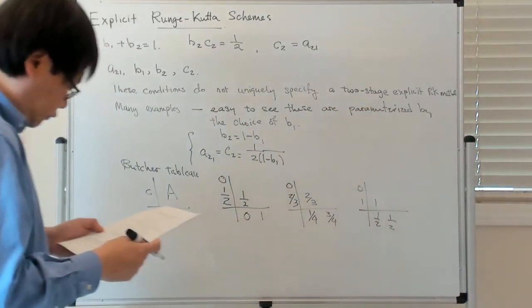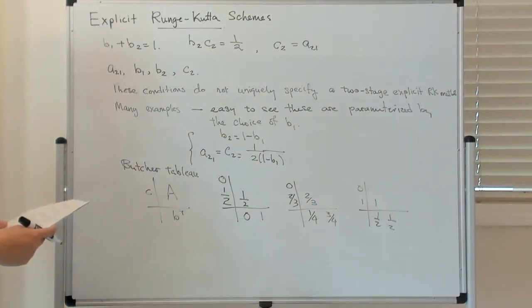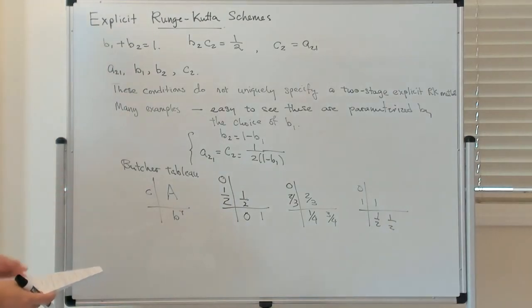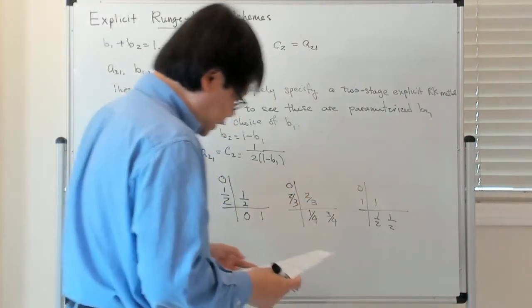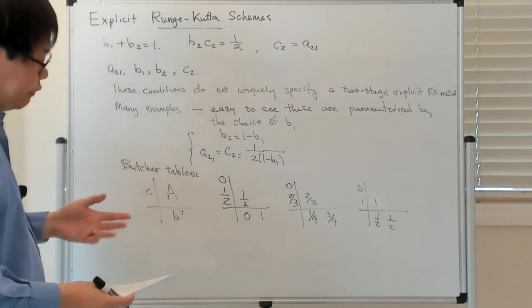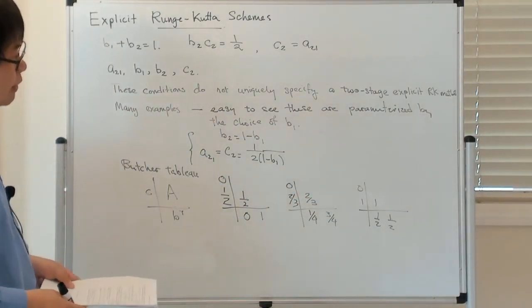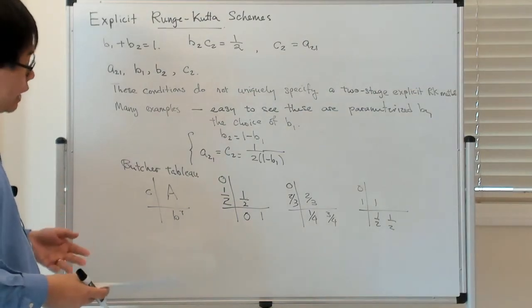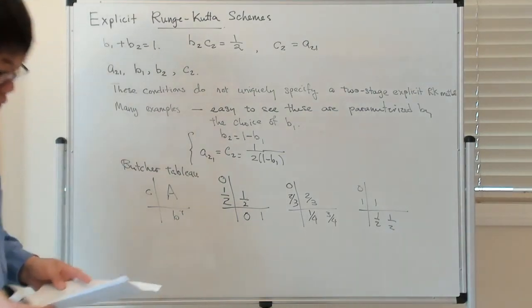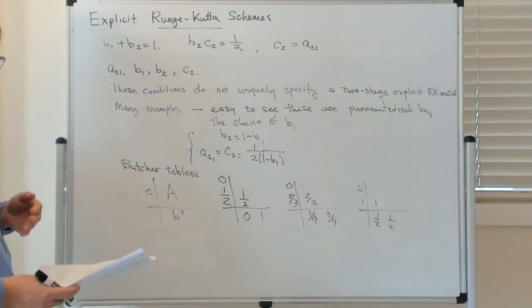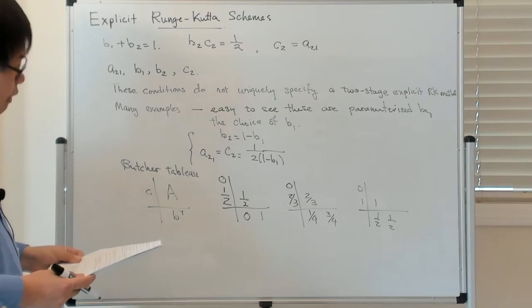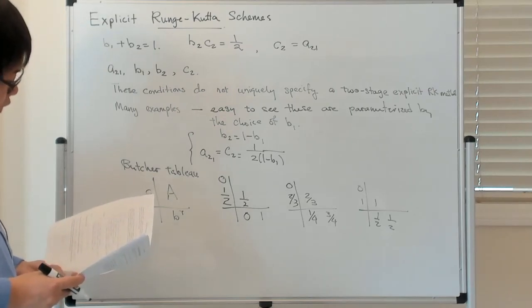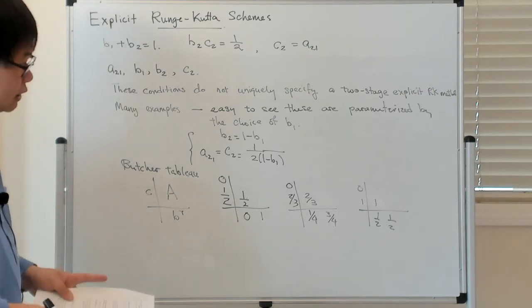Okay. So anyway, these are just some examples, if you will, of very commonly used two-stage explicit second-order accurate Runge-Kutta methods. So in principle, one could push the analysis further and look at third-order schemes, and we'll look at that in a little bit. Okay.